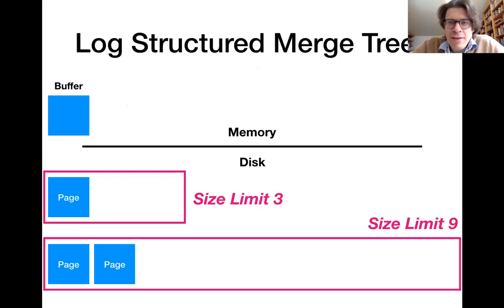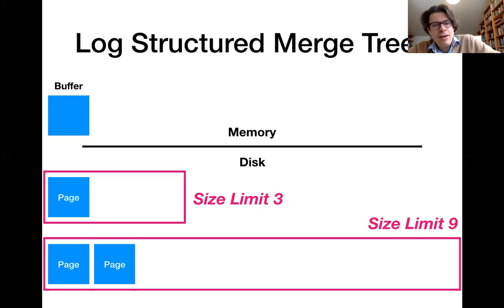So in the following, I'm gonna illustrate this by a minimal example. So here we have one buffer in main memory, and we have 2 levels stored on a hard disk. The first one with a size limit of 3, the second one with a size limit of 9. So here the size ratio between consecutive levels is 3.